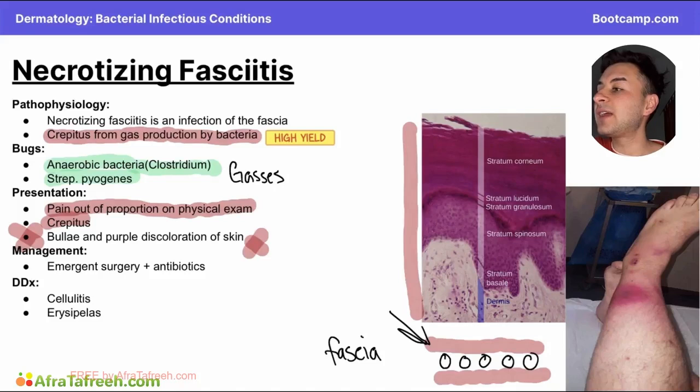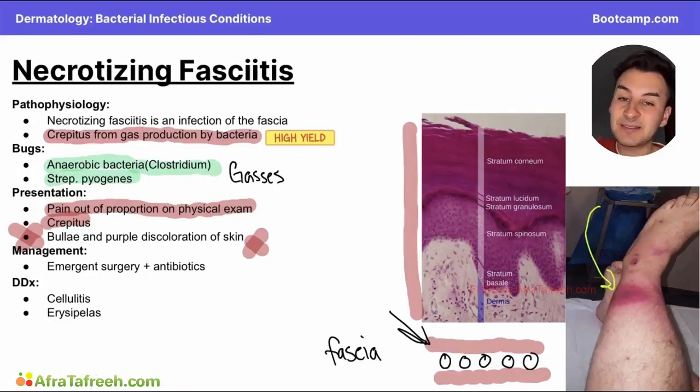If we take a look here at this person's lesion on their leg, that looks really similar to what we saw earlier with cellulitis and erysipelas. So it's much better to hang your hat on findings like crepitus and pain out of proportion on physical exam. If you're new to pain out of proportion, it means that if you barely touch someone, they are literally leaping off the bed in pain.